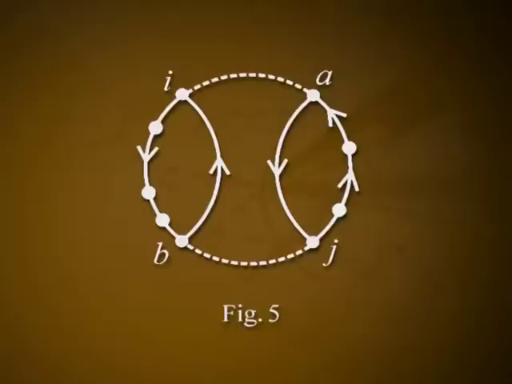Repeat the computation and observe that the same thing happens if either one or both of i and j should be the only element of their orbits in sigma. Case 2. Suppose i and j are in the same orbit of sigma. We can then write sigma as a product of disjoint cycles with the first cycle of the form cycle a i x x x b j x x, shown symbolically by the circle in figure 5.